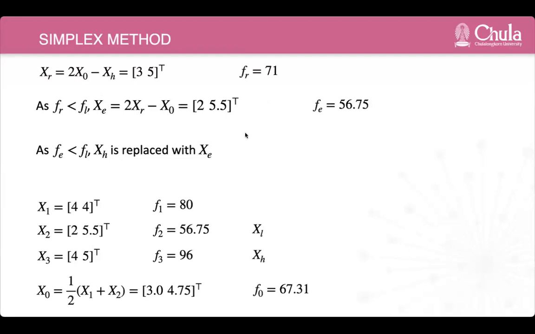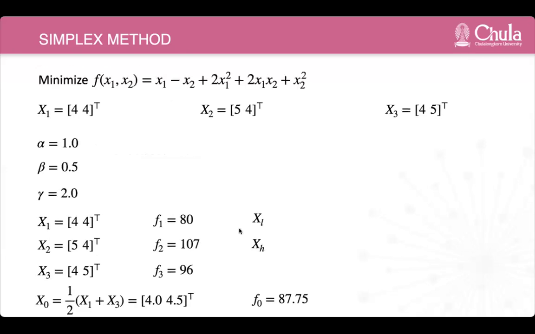Then we replace XH with XE because we obtained XE already. We replace the worst in the previous round with the best we obtained. So in the next round, we have X1, X2, X3. We replace XH of the previous round. What is the XH of the previous round? (5, 4).